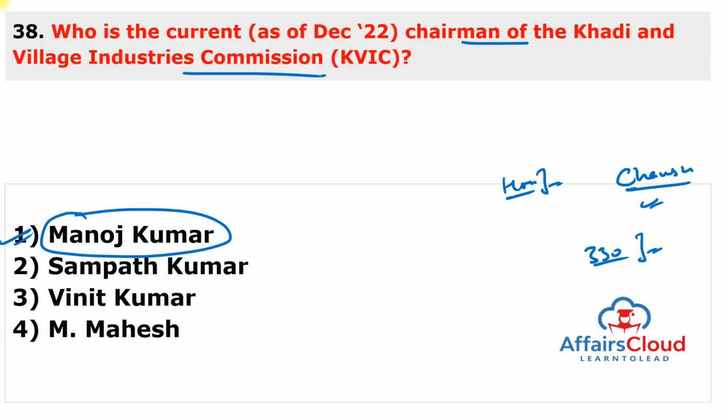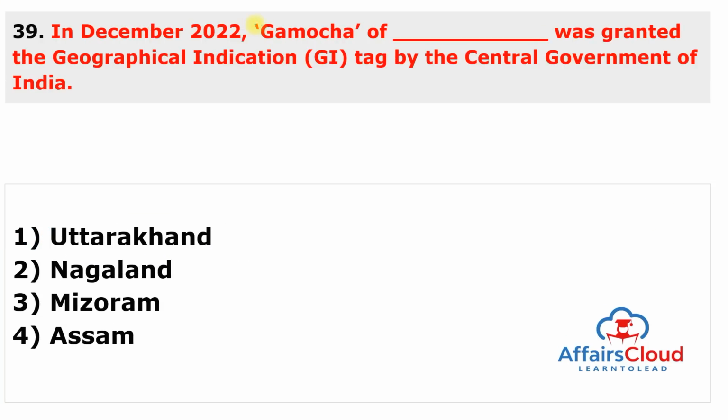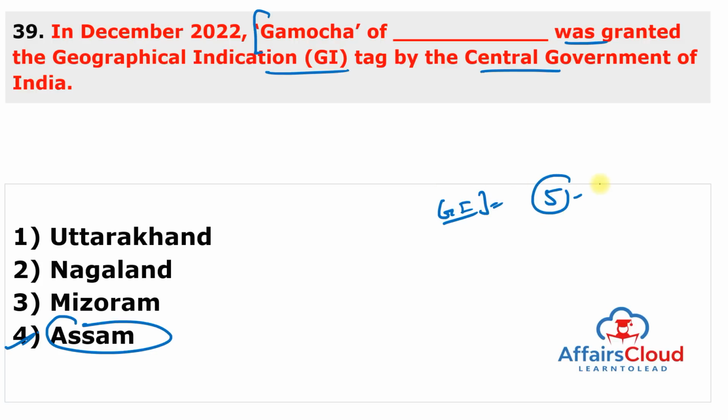Moving to next question. In December 2022, Gamocha of Assam was granted the Geographical Indication Tag by the Central Government of India. And Gamocha basically belongs to Assam. Answer of this question is 4. So Gamocha, a symbol of Assamese culture and identity, has been granted the Geographical Indication Tag by the central government 5 years after the initial application in the year of 2017.